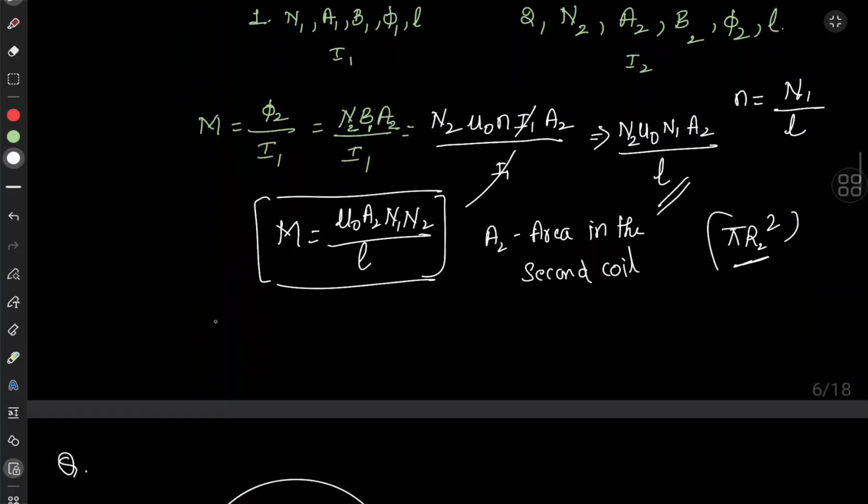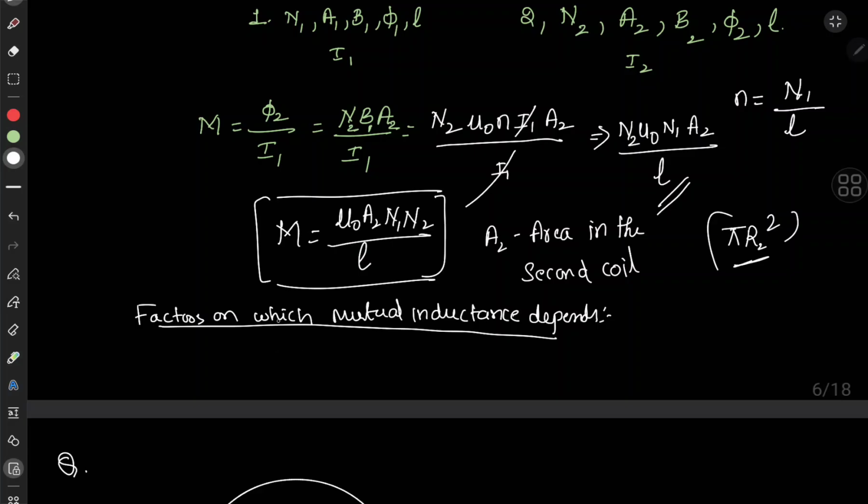The factors on which mutual inductance depends: the first factor is the medium inside, because the medium is very important, as the relative permeability will come in; the area of the second coil, the number of turns, and the length.